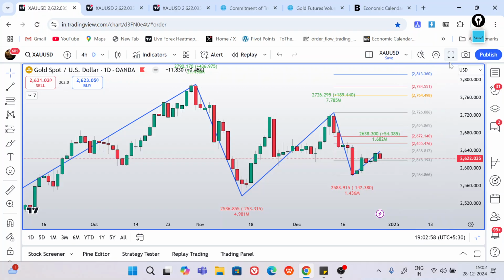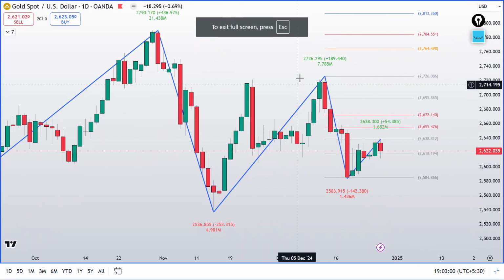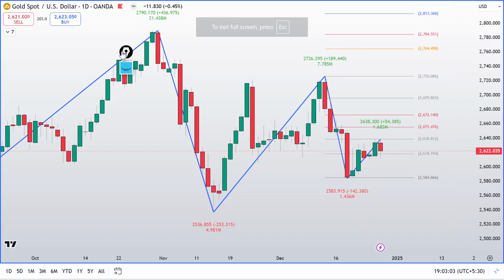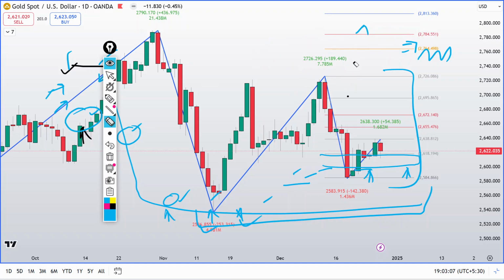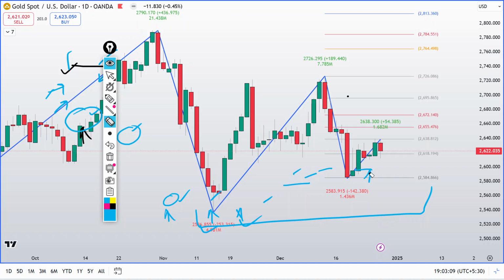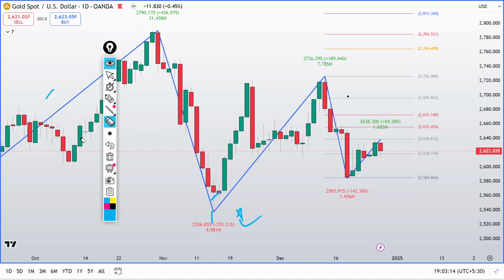Let me switch to this daily chart, and you can see that after a good sell off we have seen a period of consolidation, or you can say a period of retracement. Let me show you. After a sharp drop from here, the market took support at this level around 2580, 2585.